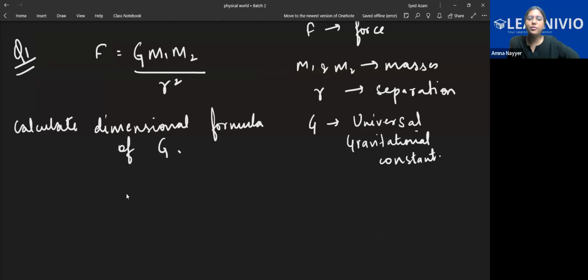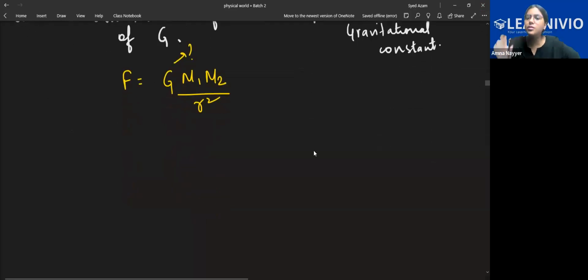Like if I have force, my formula right now is F equals G m1 into m2 divided by r squared, right? Now our task is to find out this G. G is missing for us. We want to find out the rest of the things. So let us do one thing. If G is missing, it's okay. We know the formula for the rest of it.